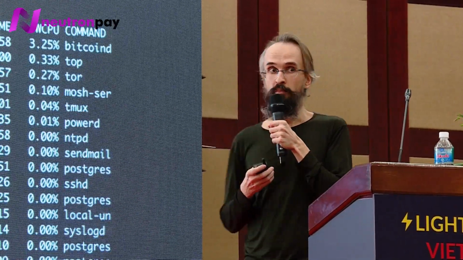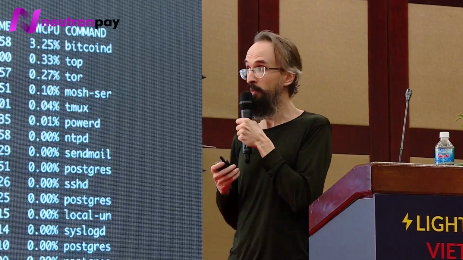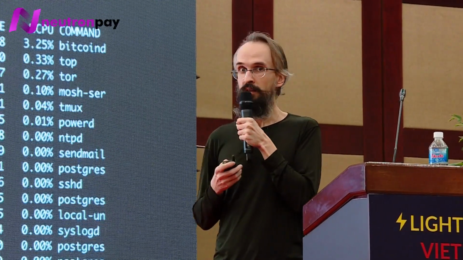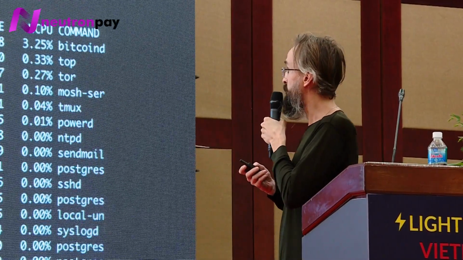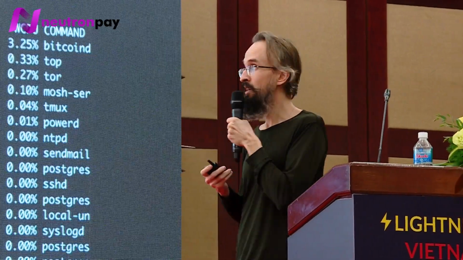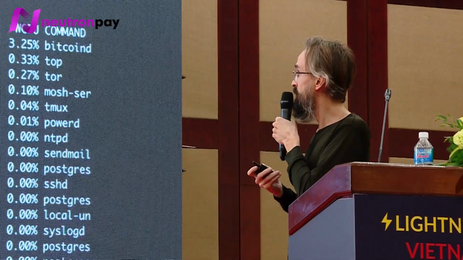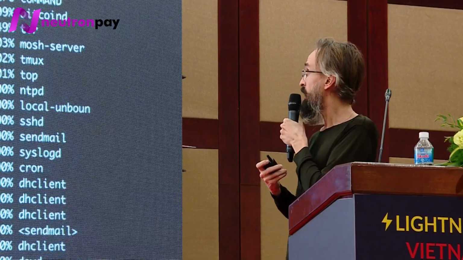Like many of you, for a few years I've been running Bitcoin nodes on a few machines, and everything is going great. This particular one is a beefier machine, so Bitcoin only takes about 3% of CPU and not that much RAM.